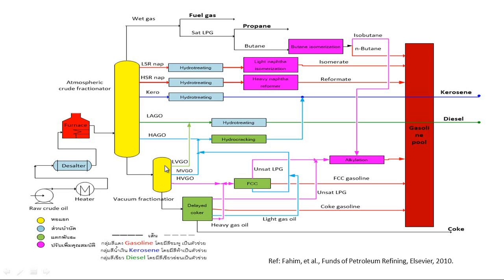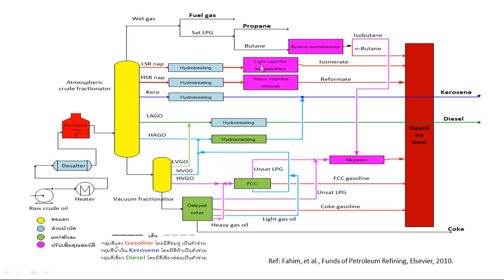And then we will have some units to get rid of contaminants like sulfur, nitrogen, and oxygen. They are presented in blue. And then some of them can be cracked. We present those units in green.